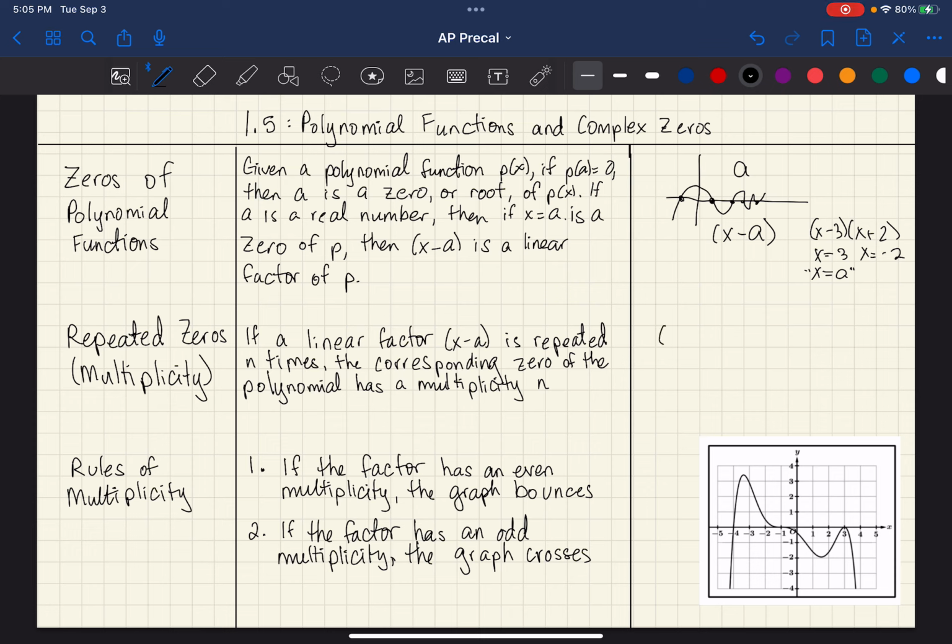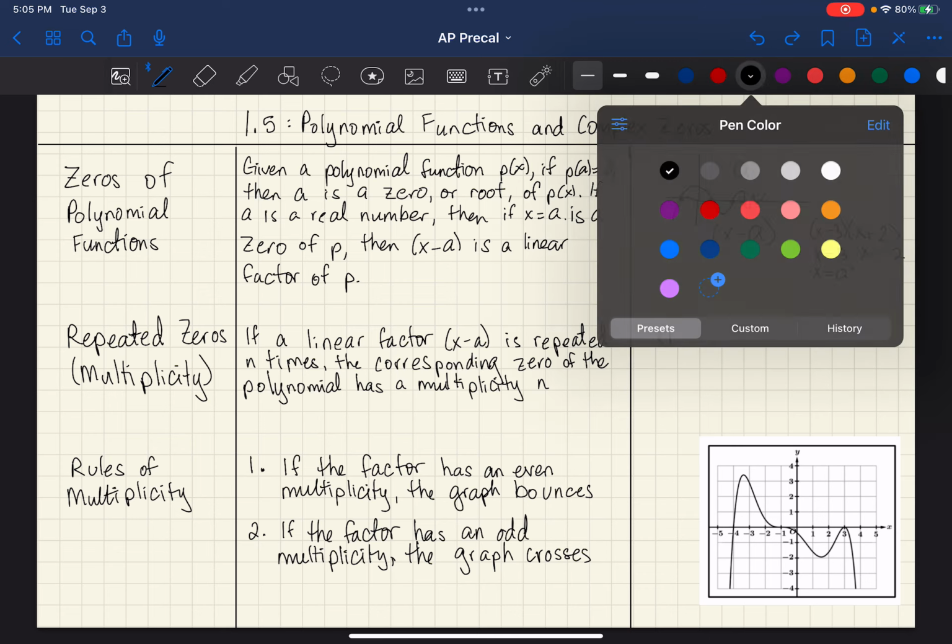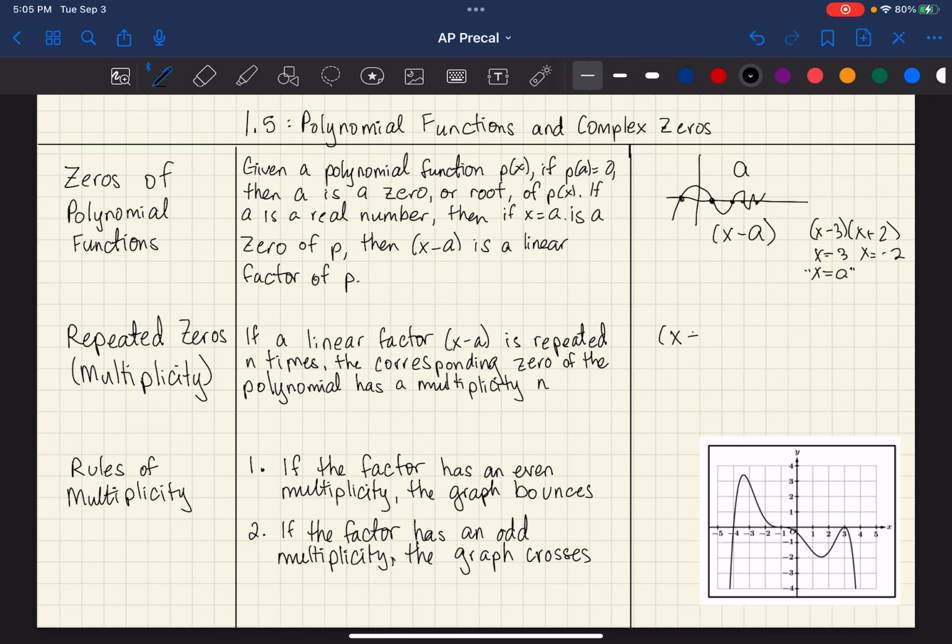So if I had an example, let's say I have x plus 3, x plus 3, and then an x minus 2, I can rewrite these as x plus 3 squared, because I have two of them. So this means I have a multiplicity of 2. That's all it does, it basically just tells me how many times that factor occurs as a zero.